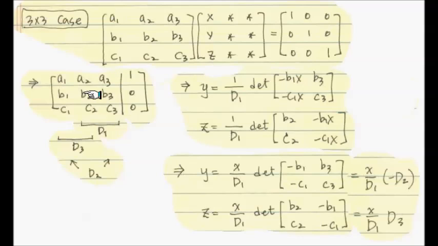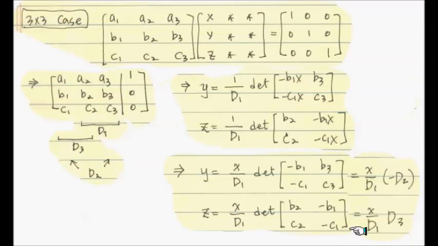So b2 and c2 is here, and b1 and c1 is there, but it's in the opposite order. So if you rewrite it, b1 and c1 in here, b2 and c2 there, and it turns out, if you compare this cross multiplication, the simple 2 by 2 determinant map, this one is actually equal to d3, which I'll skip, but you can pause the video and check yourself.